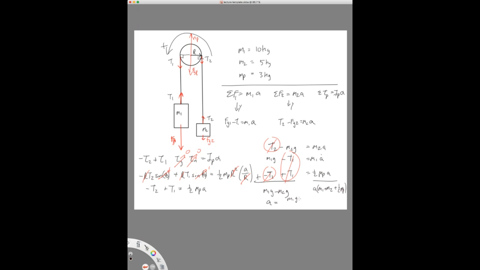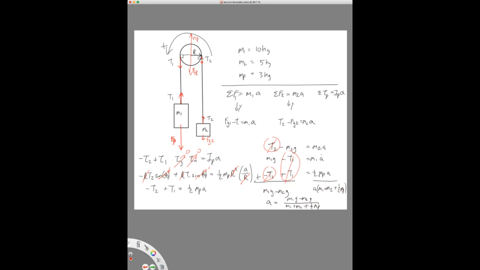We'll have M1G minus M2G over M1 plus M2 plus 1/2 times the mass of the pulley. And if you would go back and compare with what we had in the past when we did this kind of example, you would see exactly the same thing, except we don't have the mass of the pulley. So if you would put the mass of the pulley in as 0, you would get that old result.